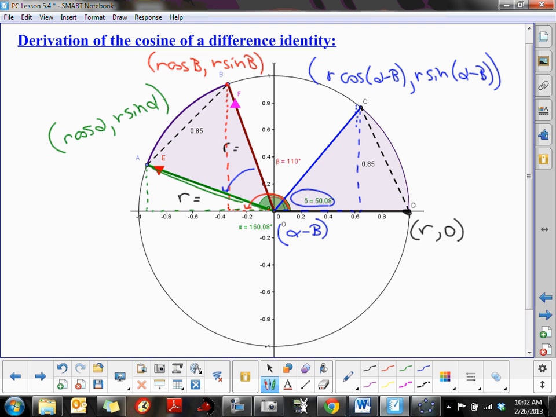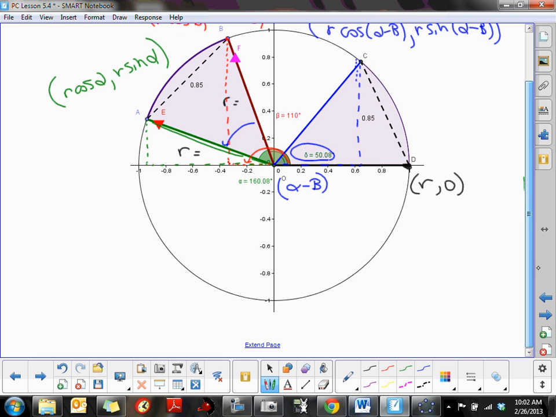Okay, now I'm going to organize those and put them down here so I have a nice, neat group of numbers to work with. So A had coordinates of r cosine of alpha, comma, r sine of alpha. B had coordinates of, and that should have been, r cosine of beta, r sine of beta.